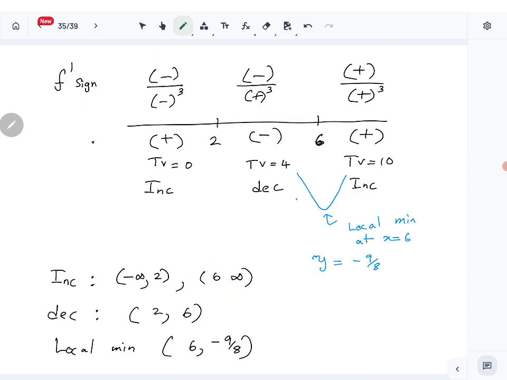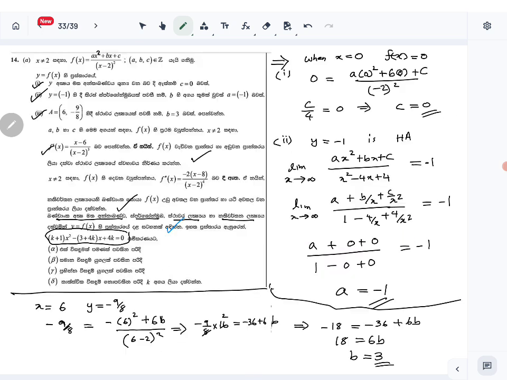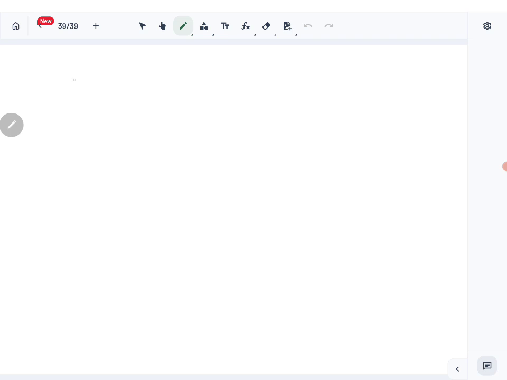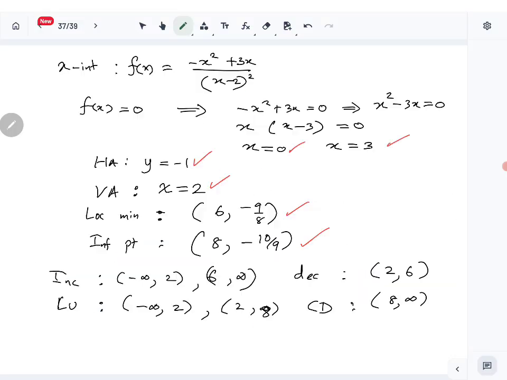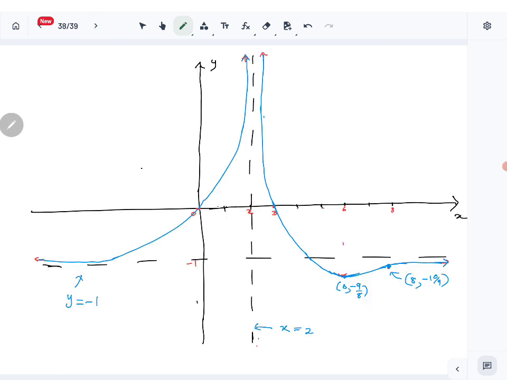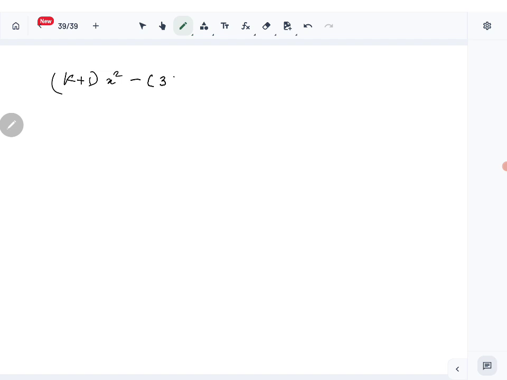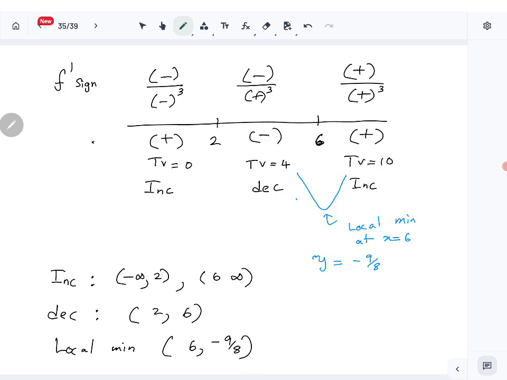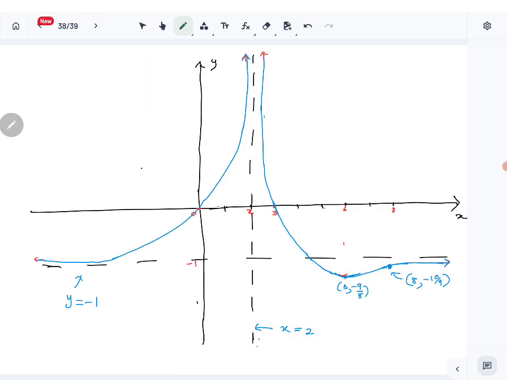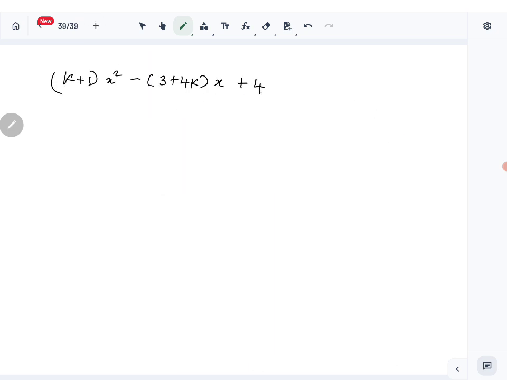Okay, let's see what this one is. So let me write that one. k plus 1 x squared minus 3 plus 4k x plus 4k equals 0.